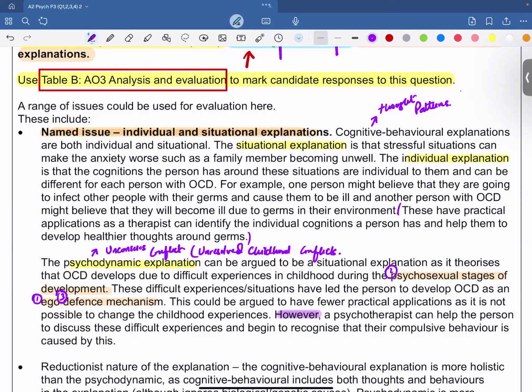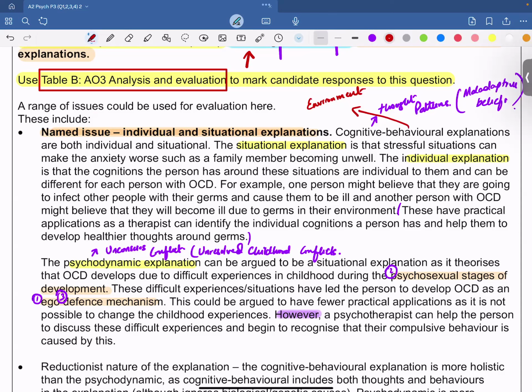Over here, you're talking about your maladaptive, illogical, irrational beliefs that you carry, right? Likewise, if you talk about the situational explanation, your behavioral explanation focuses on the environment. If you remember the behavioral explanation, this focuses on your environment. And all of this has been explained to you earlier.